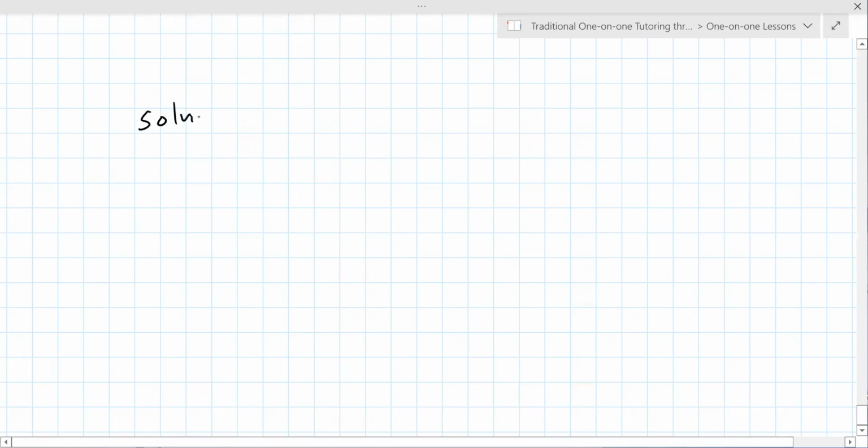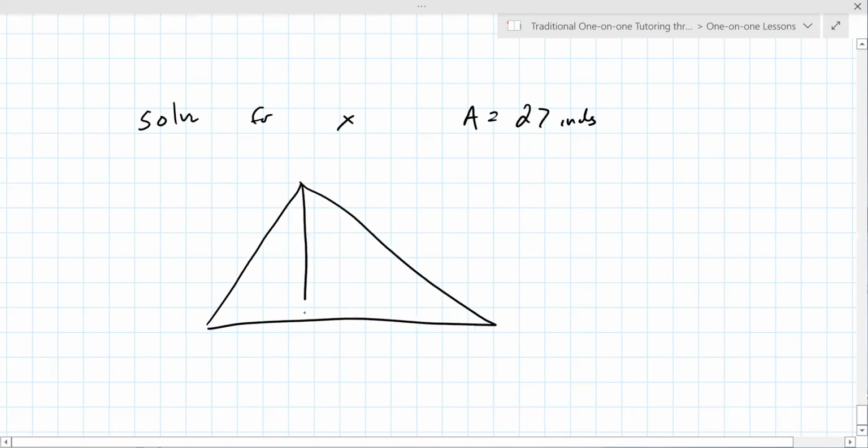Okay, so it's like a base times height kind of thing. It says solve for x. The area of the triangle is 27 inches squared. And then it shows a triangle, split down the corner, and in the middle of the big one, it says x minus 3 for the height.